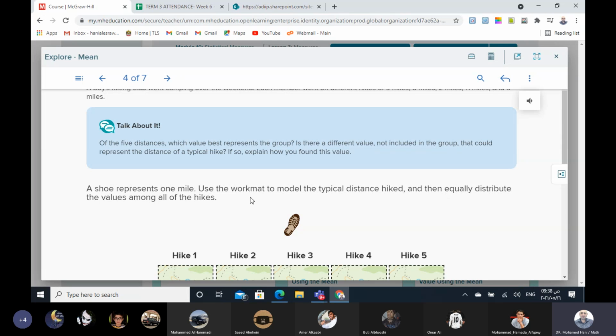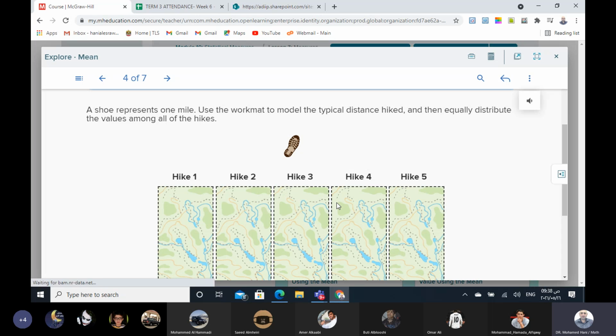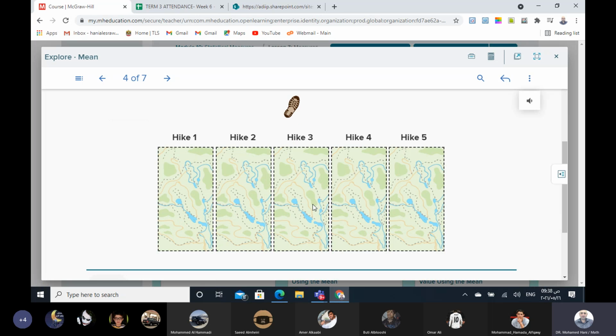Use the work mat to model the typical distance hiked, and then equally distribute the value among all of the hikes. Here we have hike 1, hike 2, hike 3, 4, and 5. You can put 1, 2, 3, 4, and 5.